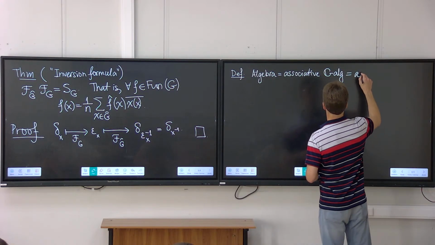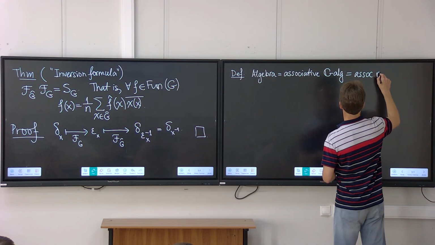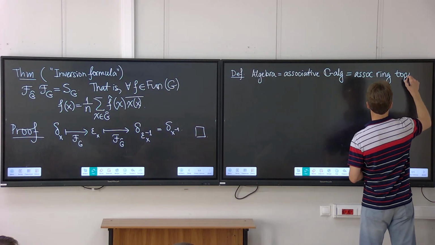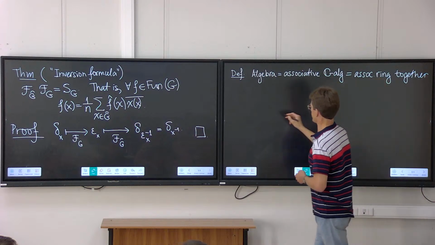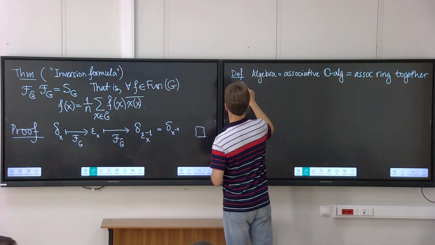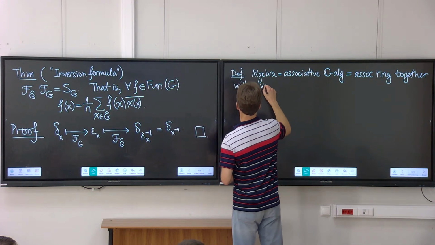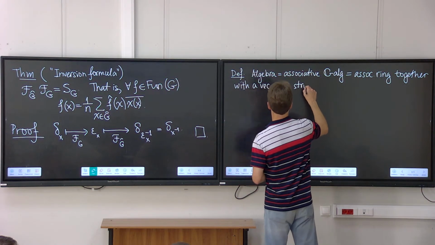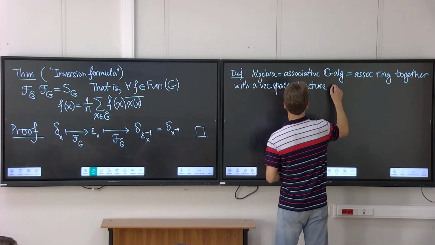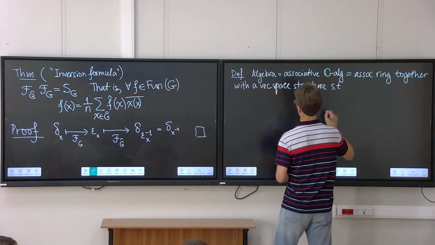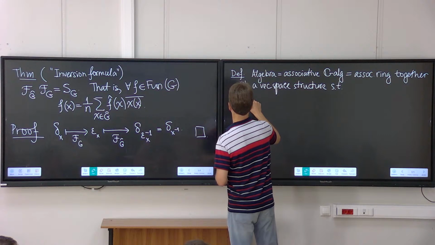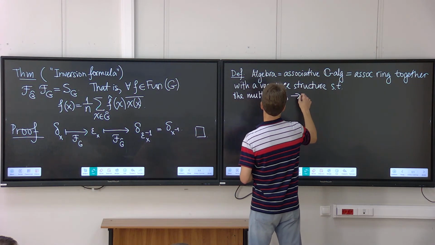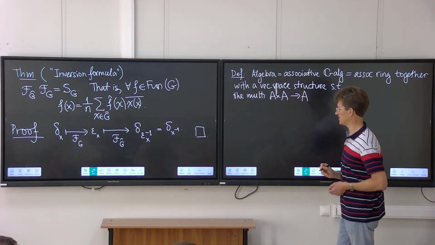That is an associative ring together with a vector space structure, such that the multiplication on A is bilinear over the complex numbers.